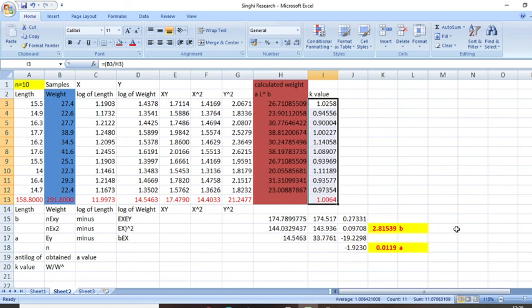Conversely, when b is less than 3, either the large specimens have changed body shape or become more elongated, or the smaller specimens were in better nutritional condition at the time of sampling.